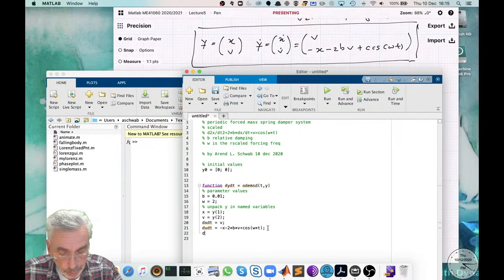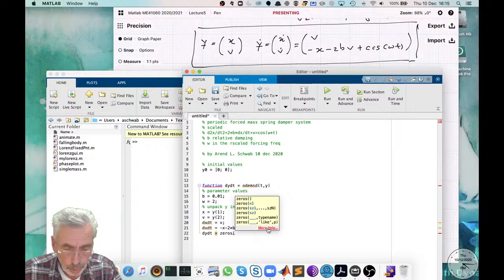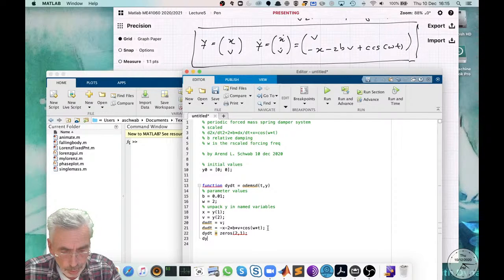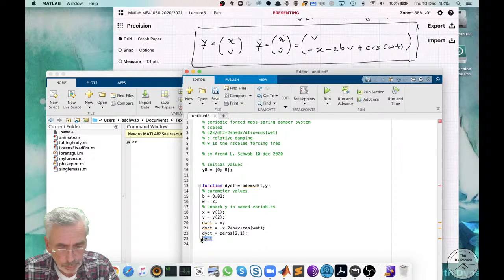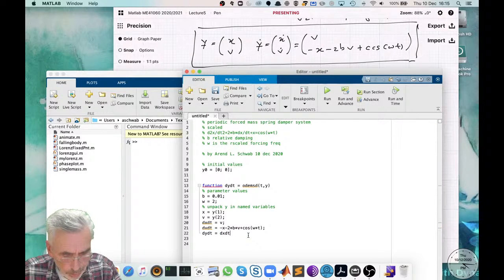And now I have to put it back in this vector. So I have to create a vector, dy dt. There are a zillion ways. It is a column vector, so it's zeros, 2 by 1, and then you can say dy dt. Why don't we do it like this: dx dt, dv dt? That also works.